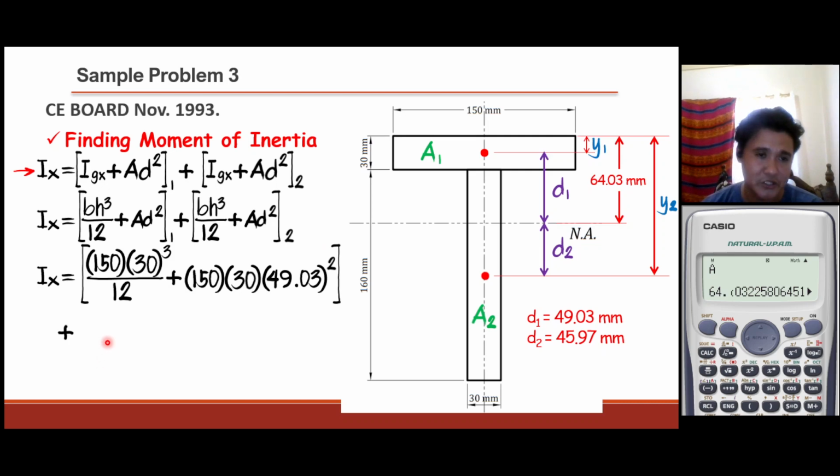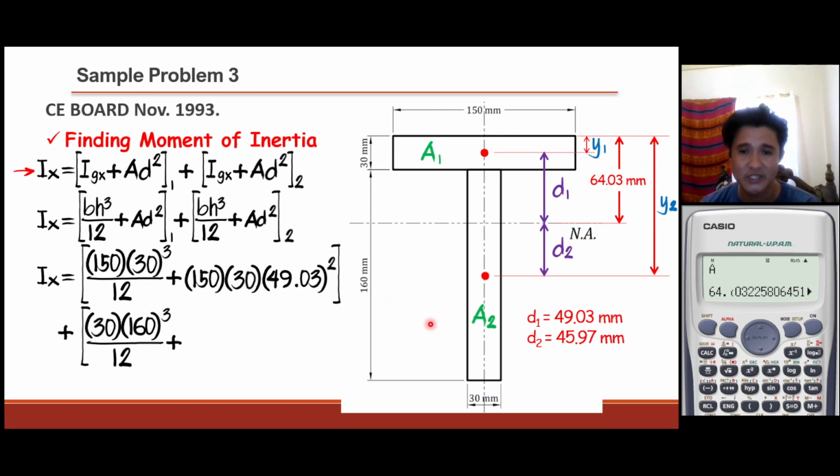Okay? Plus, yung area 2 naman tayo. So, we have yung base ng ating area 2, that is 30 millimeters. Tapos, yung height natin ay 160. So, 30 times 160 cube. So, BH cube all over 12. And then, yung transfer axis theorem natin. So, we have 160 times 30 millimeters.